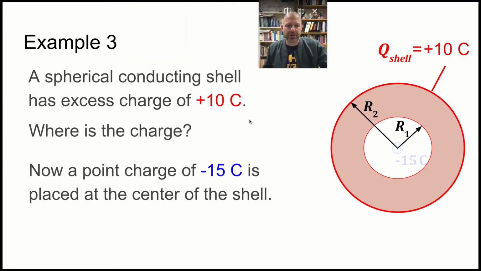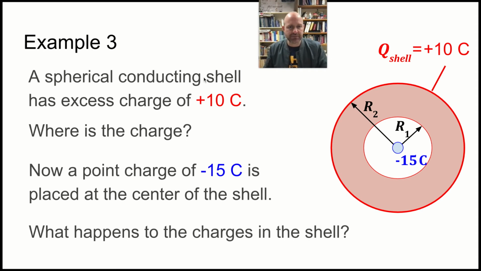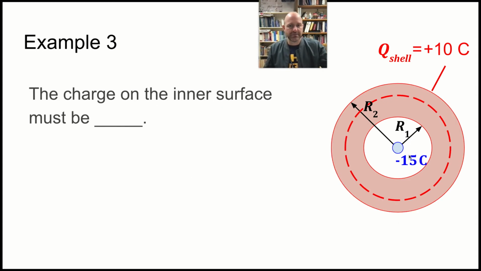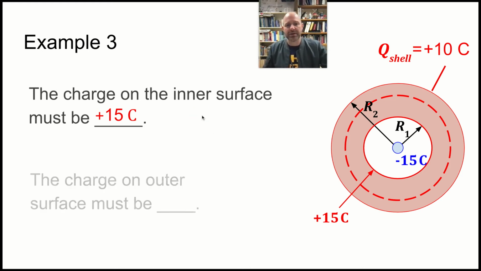Now we put a point charge of negative 15 coulombs right in the center of the shell. Okay. What happens to the charges on the shell? Well, the shell's charge is going to move around because, for that negative 15, we need to have some positive on the inner surface so that when you draw your Gaussian surface, we can have negative 15 coulombs there, positive 15 coulombs there, negative 15 coulombs at the center so that we're enclosing zero, so we can have zero electric field.